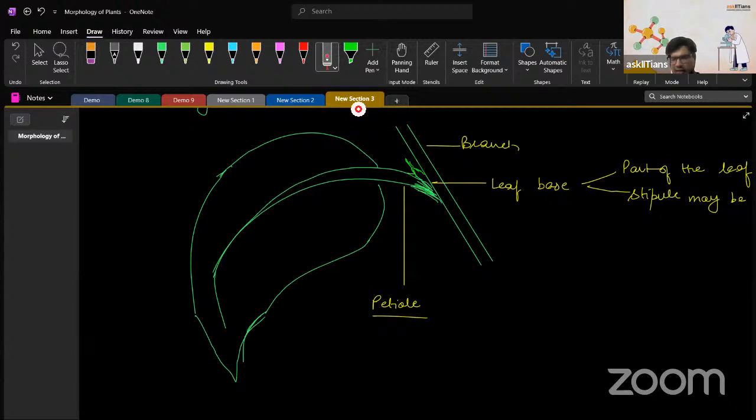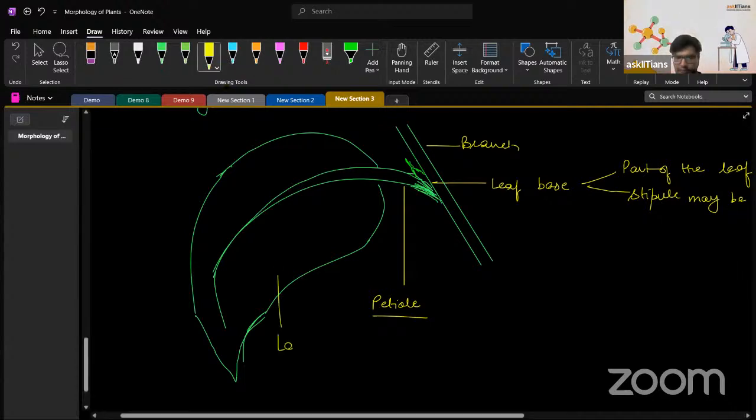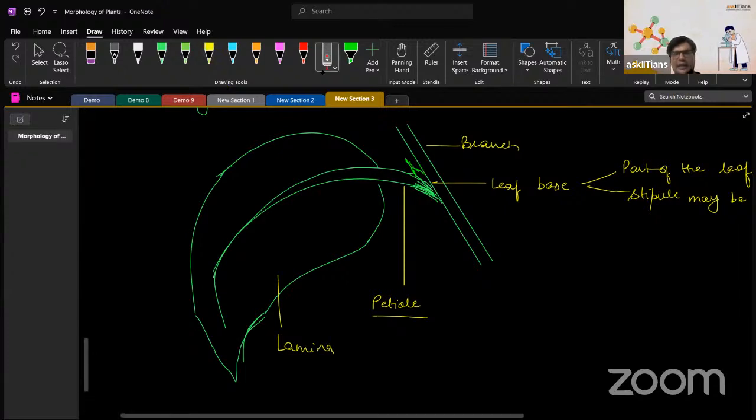Another thing that we call the lamina. This portion, using yellow color here. This is the lamina, basically the flat part of the leaf. Talking about the lamina, there is another name for that, I forgot, the leaf blade.